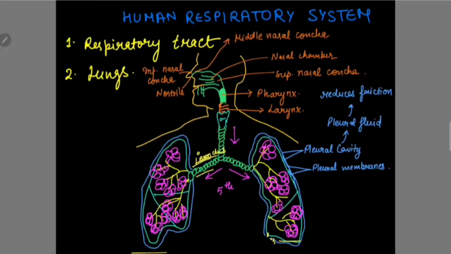So, in human respiratory system, there are 2 zones. One, the conducting zone, and the other is the exchange zone.